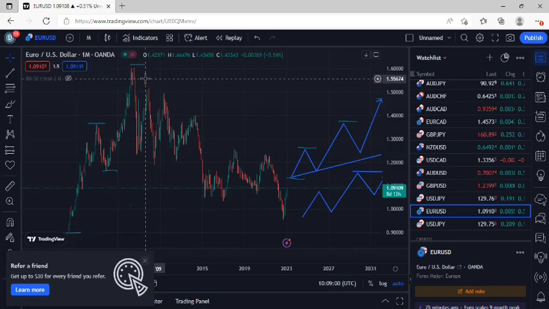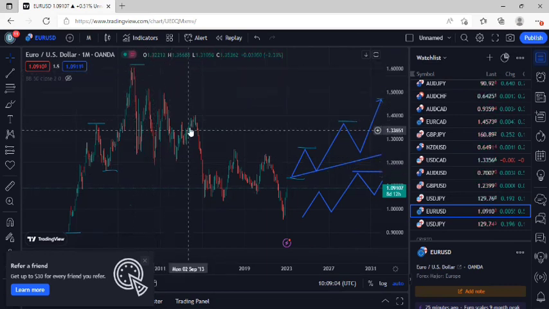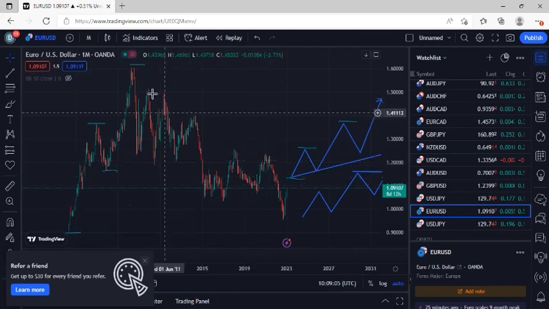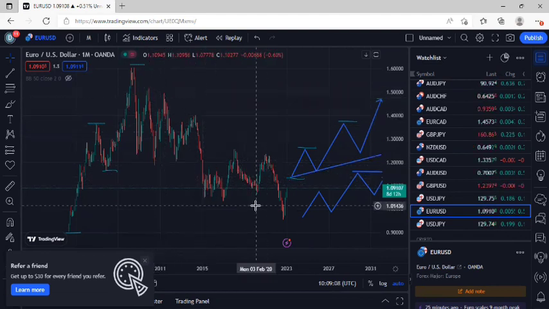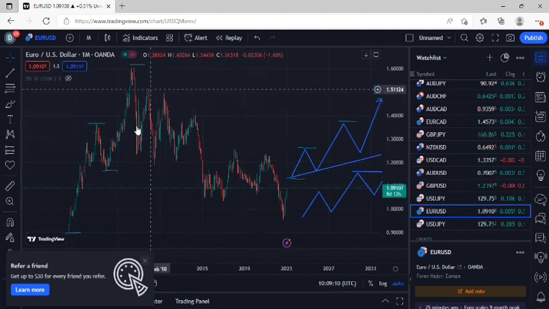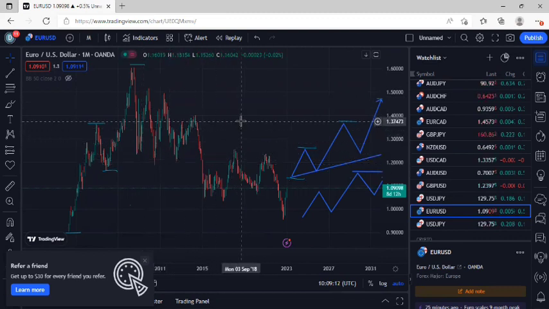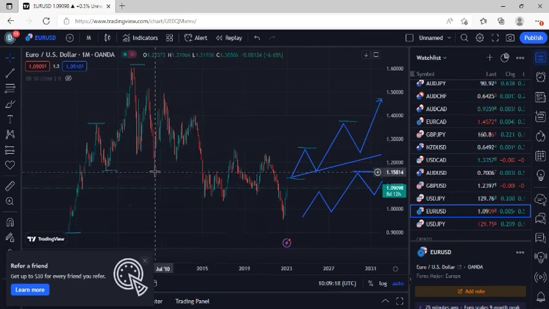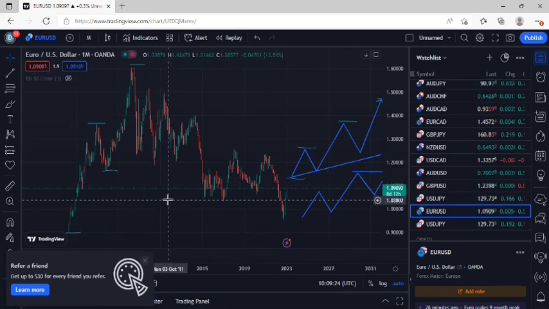But when you see it printing lower high, lower low, lower high, lower low, and so on, you have a downtrend. So that is all you need to know about market structure, and now you can use it to improve your trading, because that is what is going to give you the direction of the market, and for you to know whether the trend is going to continue or reverse.